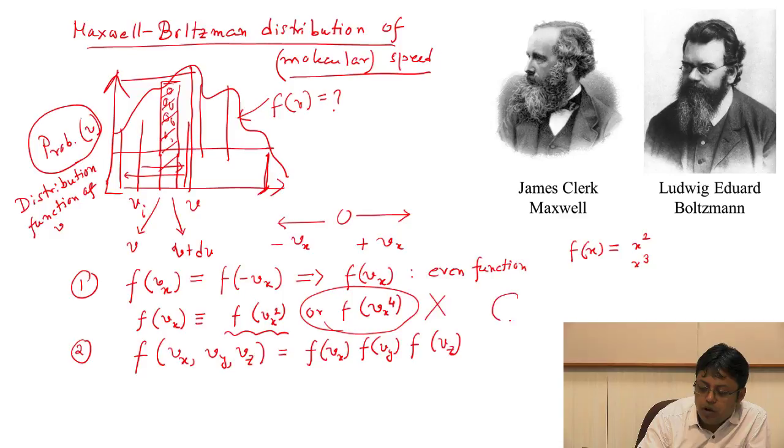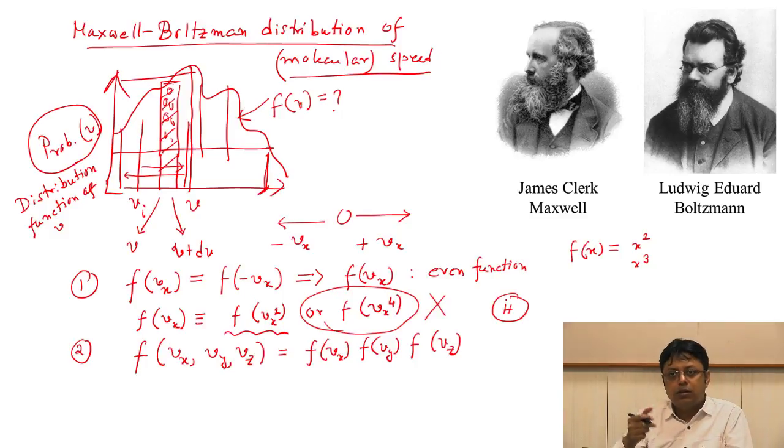Suppose you have two coins, and each coin has a head side and a tail side. Suppose you toss the first coin, you do a huge number of experiments, say you do it 1,000 times.